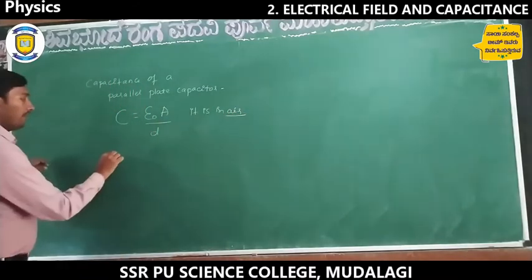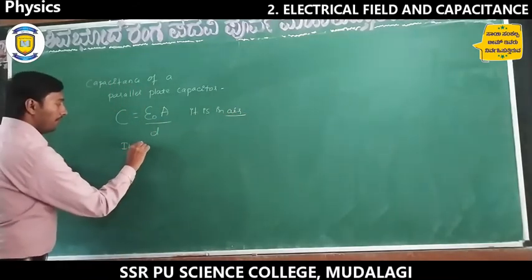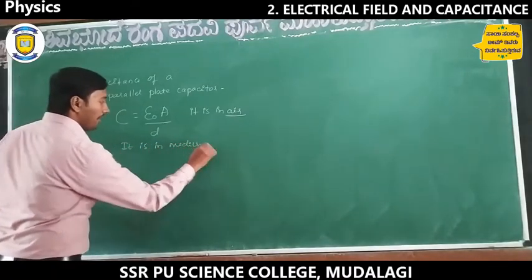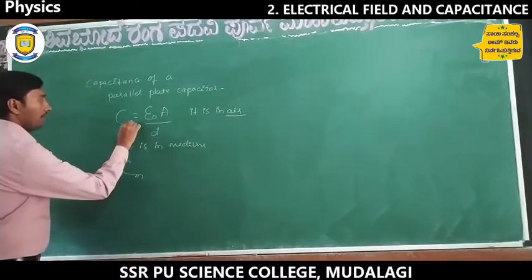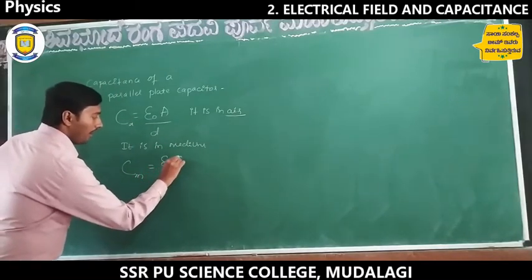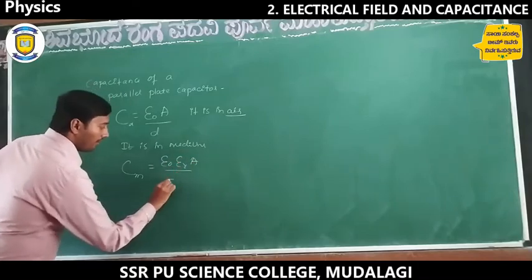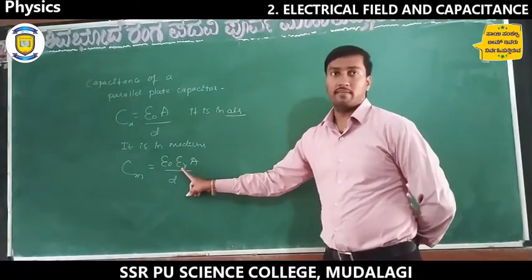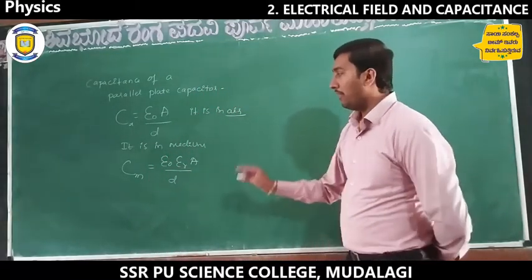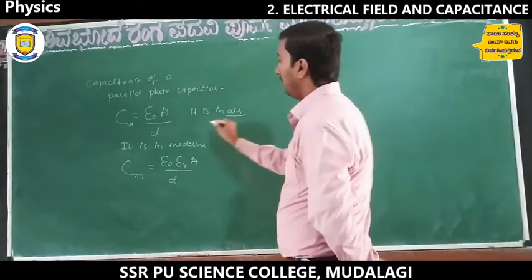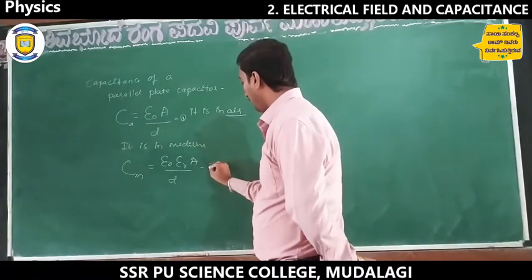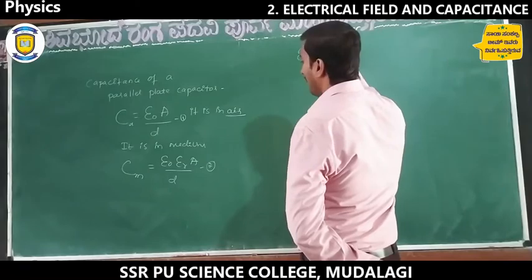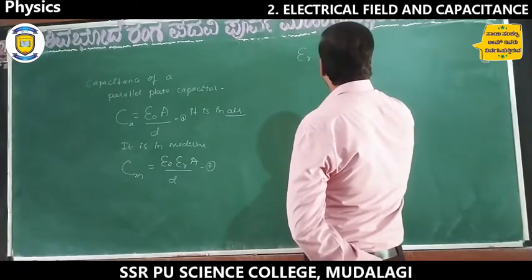If it is in a medium, then it is epsilon A divided by D. The absolute permittivity is epsilon naught times the relative permittivity of the medium. So epsilon 1 by epsilon 2 gives Cm by Ca.